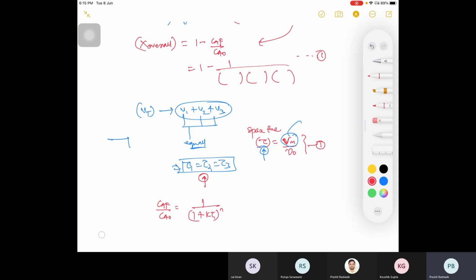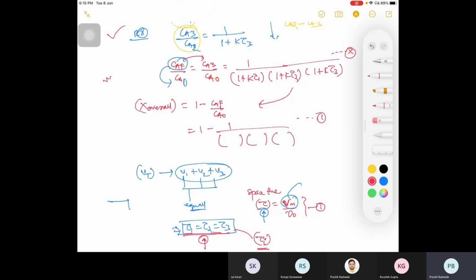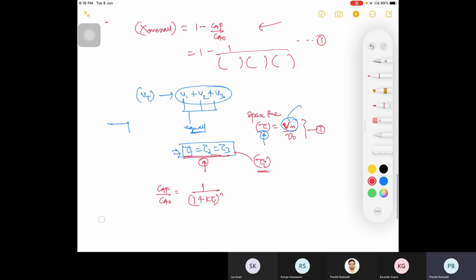This tau is for the individual reactor. Okay, I am writing here tau I. These tau are the same and it is equal to tau I. So for different volumes, that is, when the volume of the reactor is different, you have this equation, and if the volume of the reactor is the same you will get this equation.